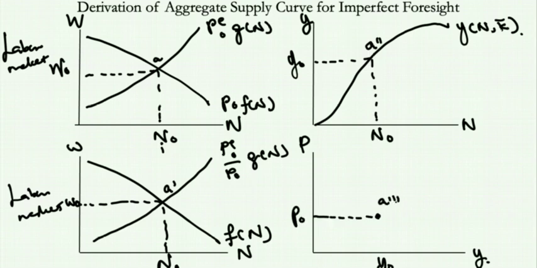Alright, now again the same thing. Let's say price increases from P naught to P1. Obviously, in the first graph, we know that the demand curve will be affected, isn't it? Because you can see the actual price here. So the demand curve for labor, the aggregate labor demand curve. When I talk about demand in all of this analysis, for all of these graphs, don't forget to write aggregate labor demand, because we're talking about macro level.